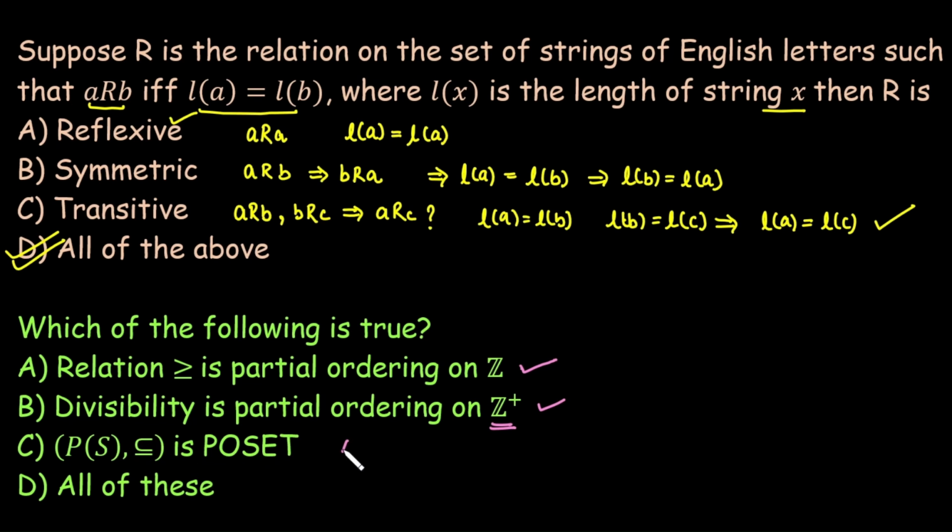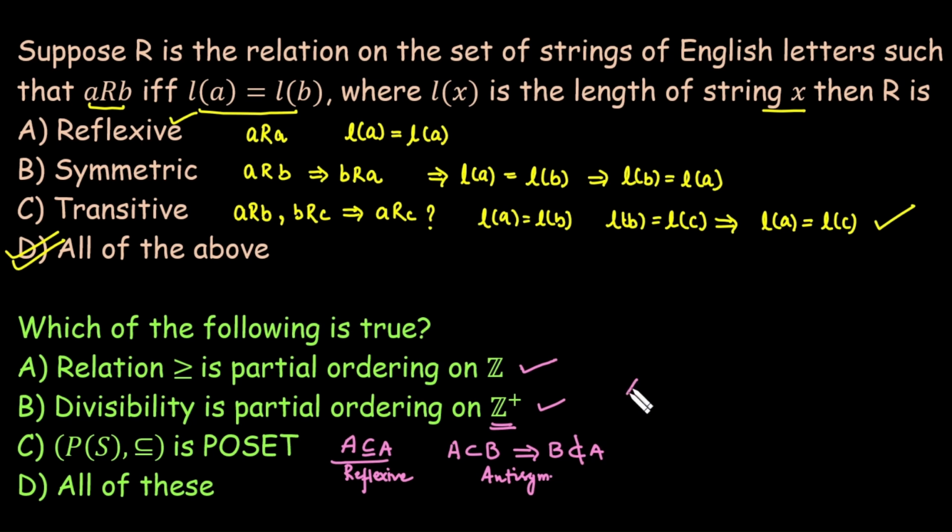Why? Because here we have the power set of S and this is a subset relation. Every set is a subset of itself. Yes, so it is a reflexive relation. Now, if A is a proper subset of B, can we say that B is contained in A? No. And that's what we needed for antisymmetric.